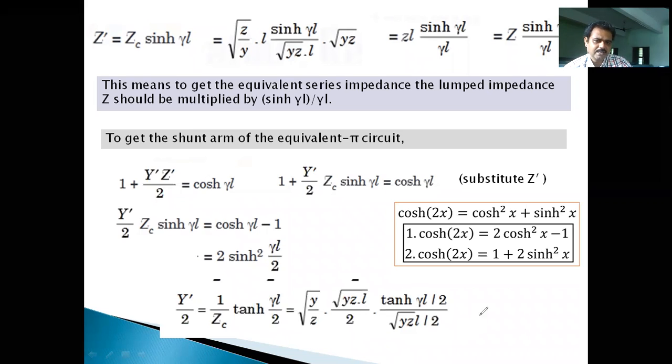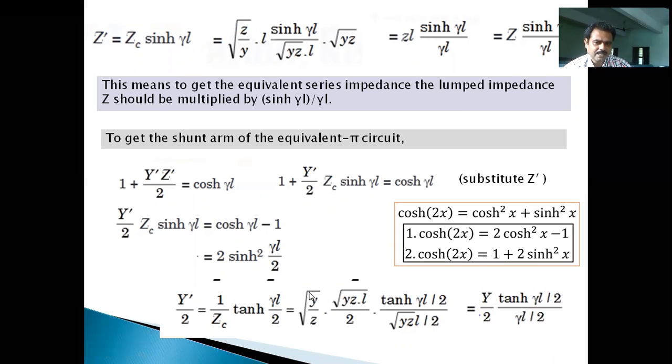So now the entire equation can be written as, square root of y into square root of y, you will get y. That is multiplied with L. Here L is outside the root. So we multiply and divide with L. It is not inside the root, it is outside the root.